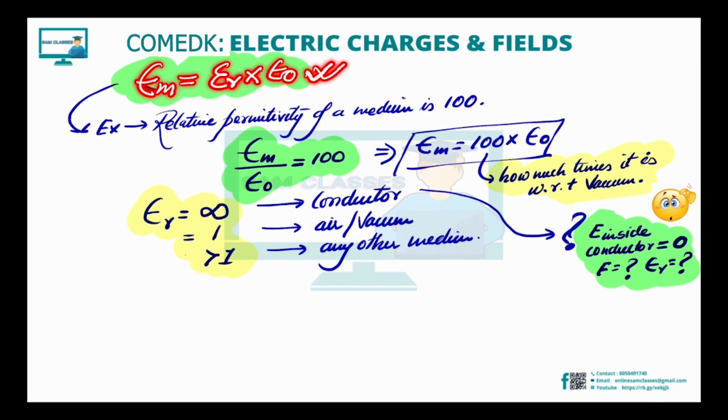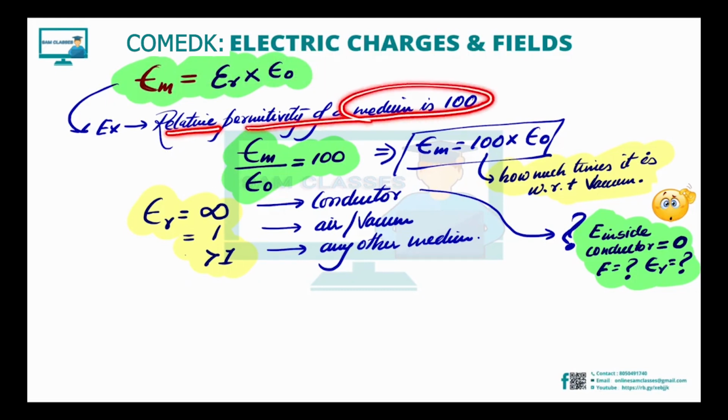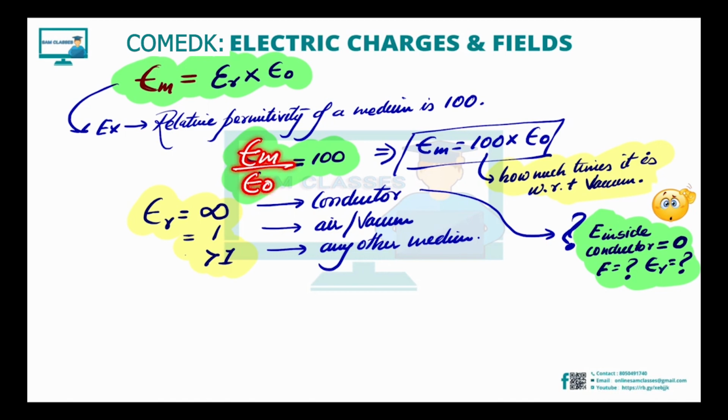Now, what do you mean by this? Let's understand with a simple question. They have given us that the relative permittivity of a medium is 100. So it means the permittivity of the medium by the permittivity of vacuum is equal to 100. So the permittivity of the medium is 100 times the permittivity of vacuum. How many times it is with respect to vacuum is given by epsilon r.